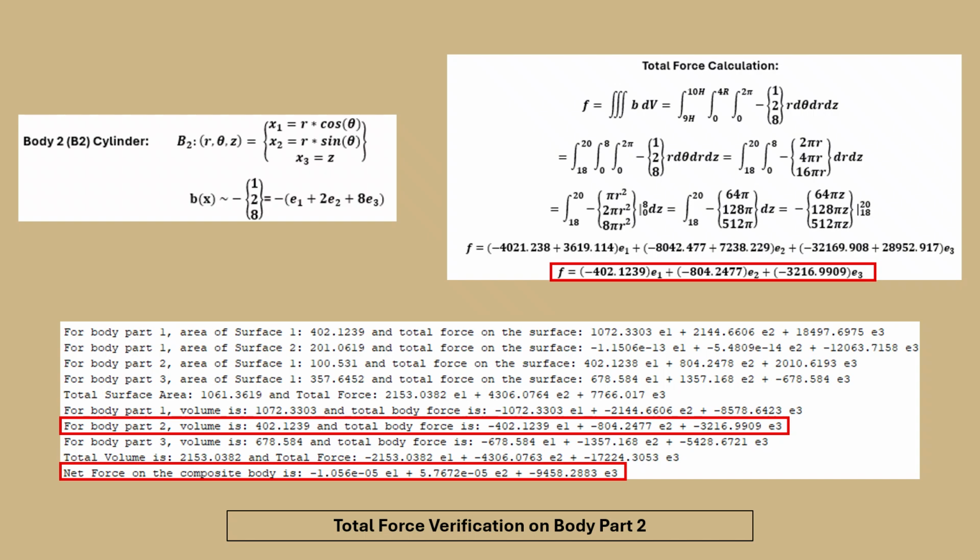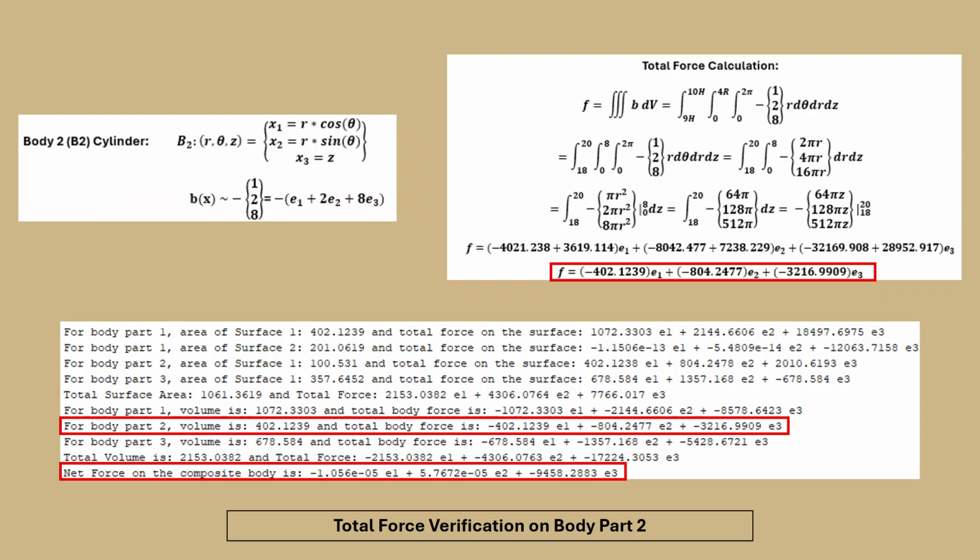I started by triple integrating the body force over dV. So that is the limits theta, r, and z. Theta is from 0 to 2 pi, r is from 0 to 4r, which is just 8, and z is from 9h to 10h, which is just 18 to 20.